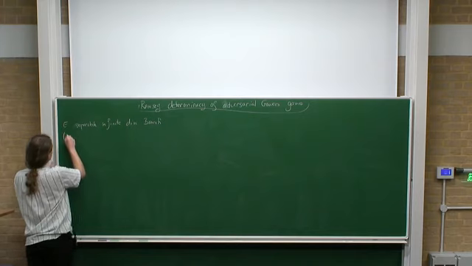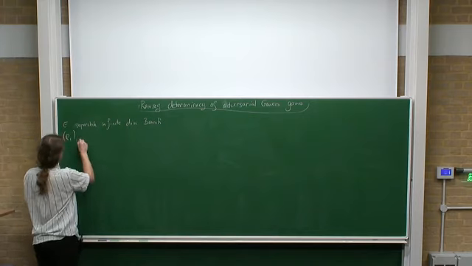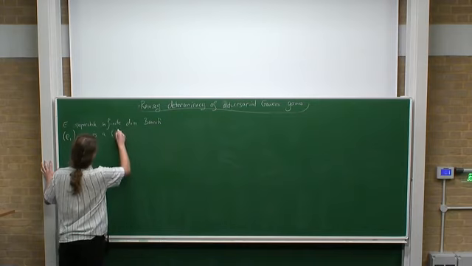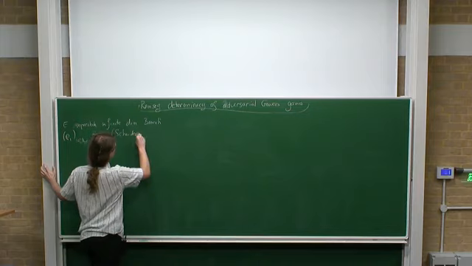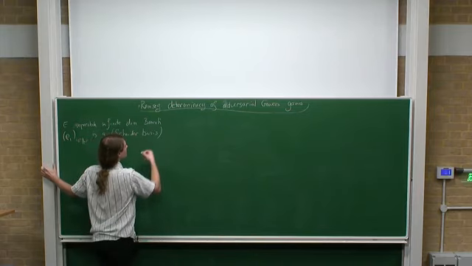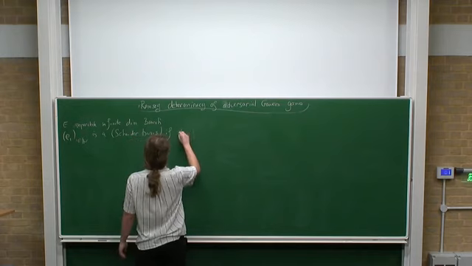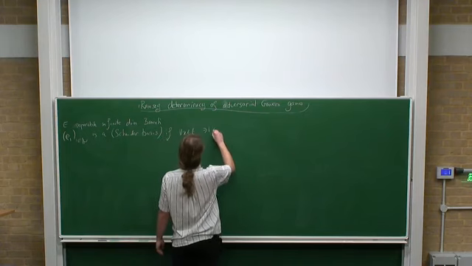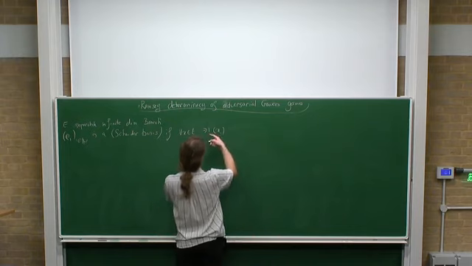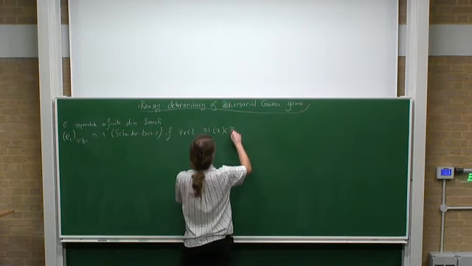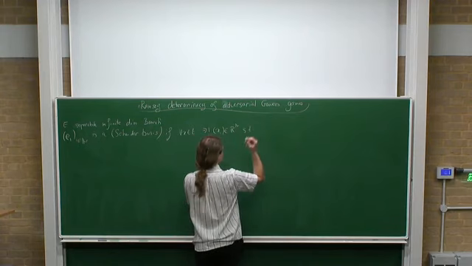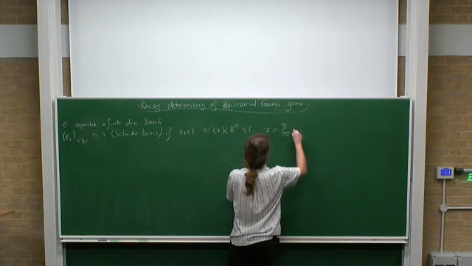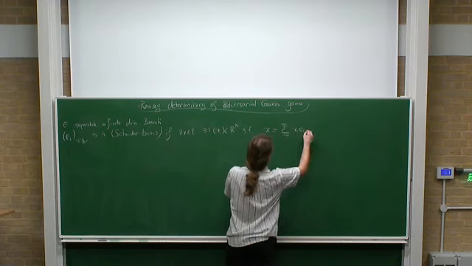I will say that a sequence e_i indexed by the natural numbers is a basis, a Schauder basis, if every element of E can be written in a unique way, so there is a unique sequence of reals such that x is the sum of the x_i e_i.